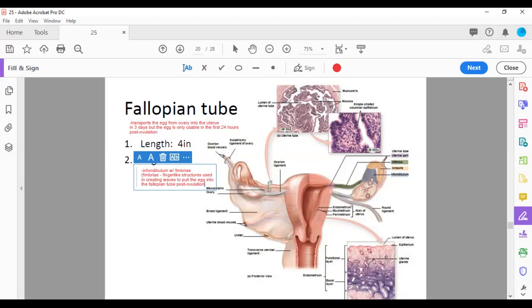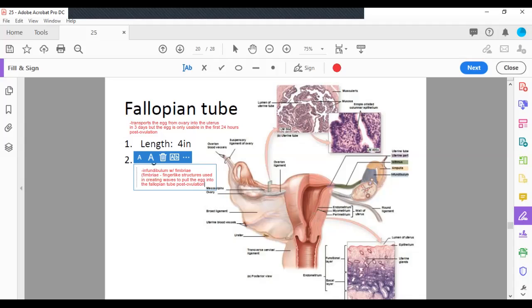So it pulls the egg into the fallopian tube. You can see right here that the rupturing of the follicle will push the egg out of the ovary, and the force produced, or the waves generated by the fimbriae, and these are the fimbriae right here, by the way.